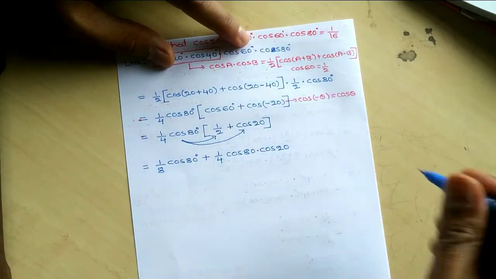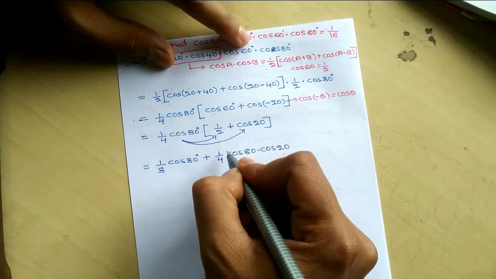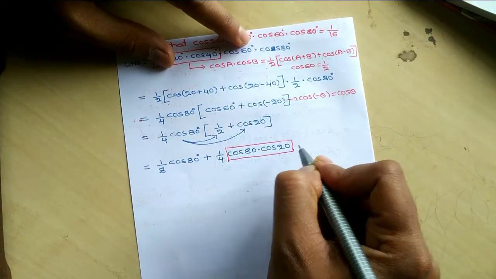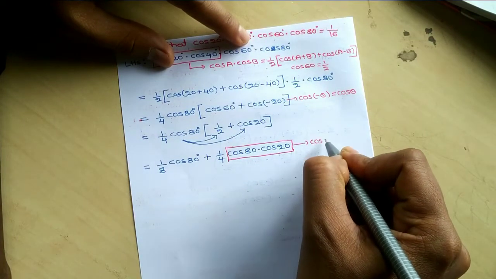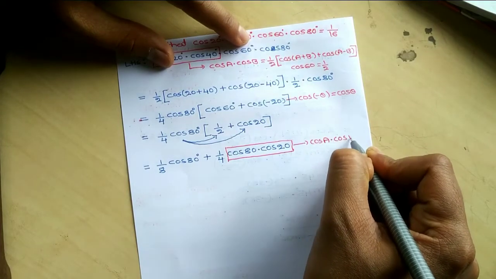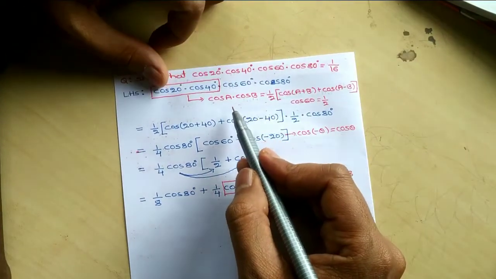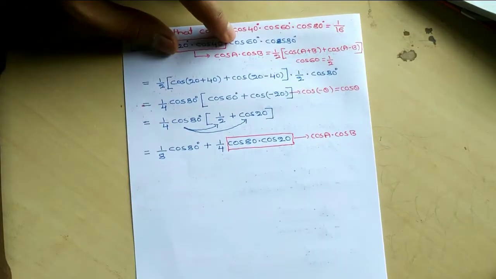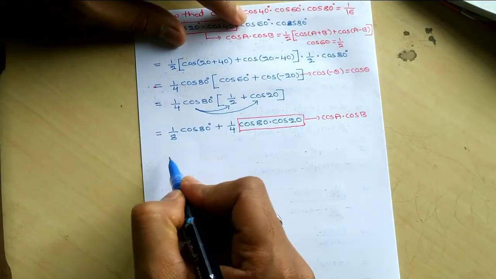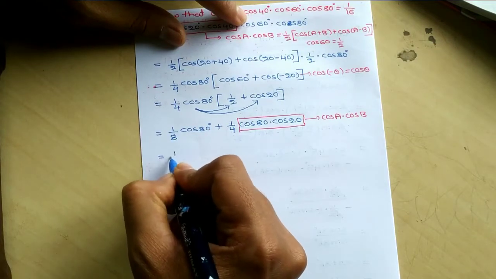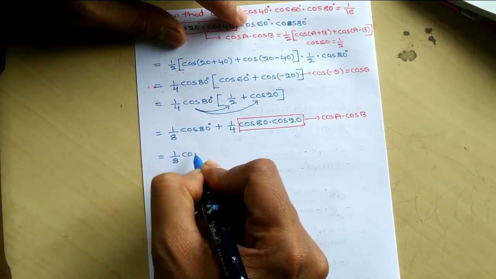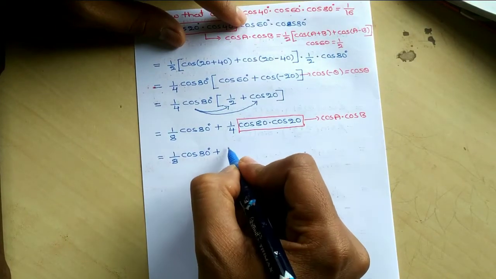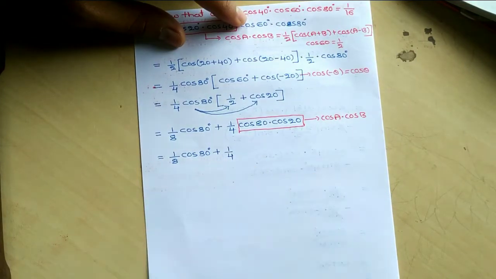After opening the bracket, here again I am going to apply the cos A into cos B formula. See, cos A cos B is 1 by 2 cos A plus B plus cos A minus B. So 1 divided by 8 into cos 80 degree I am going to keep as it is, plus 1 by 4 I am going to keep as it is.